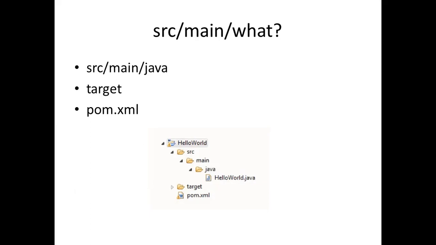Whenever you refer to any Java project, you will generally see one folder called main Java. This is where the source and everything will be residing. We also have target, and we also have pom.xml. In target we have seen this is where the build will happen and we'll create the binaries.